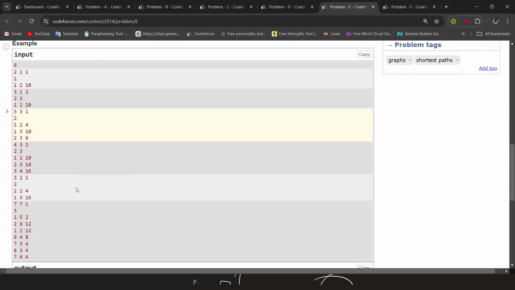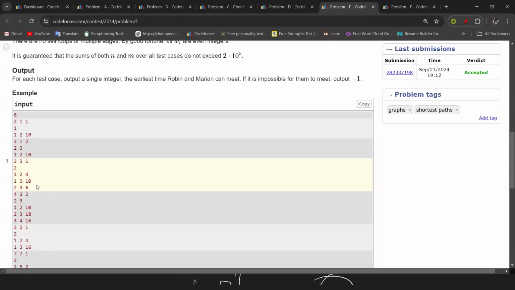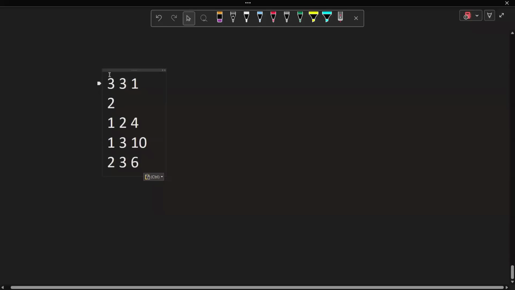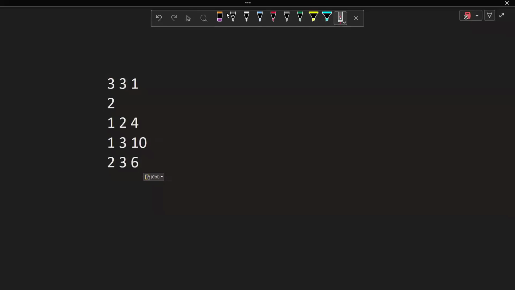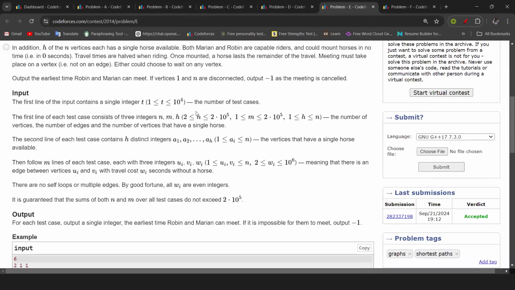So let's look at one of the test cases to understand. Here we are given n, m, and the third one was h.